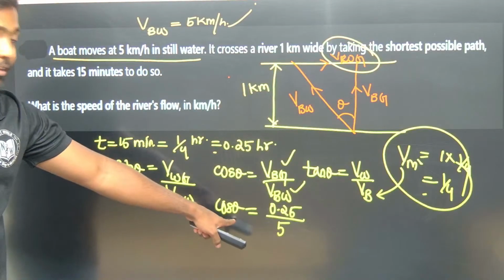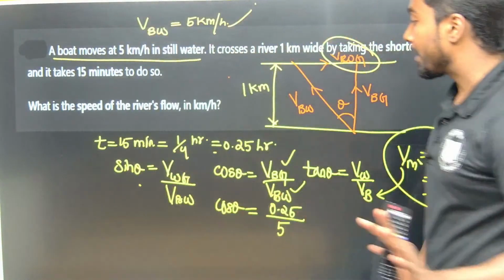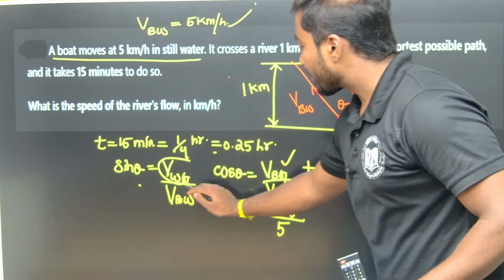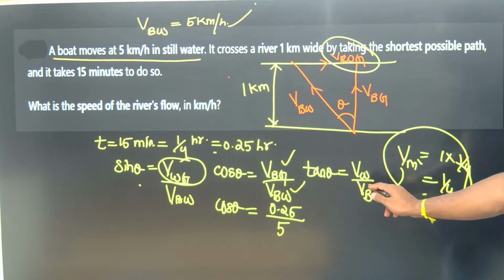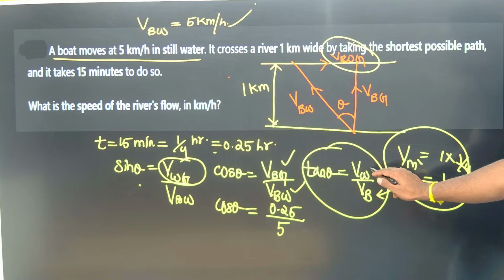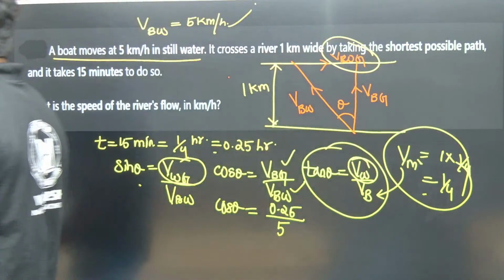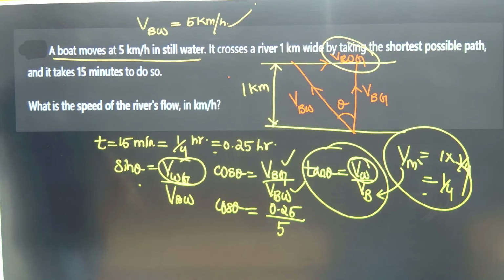So now I can find the theta value and substitute the value of theta in sin theta. You will get the velocity of the river with respect to ground, or else you can substitute the value of theta in tan theta. I can use tan theta to find the velocity of the water or the river. That's it. This is the answer. These are the steps to find the answer for this question.